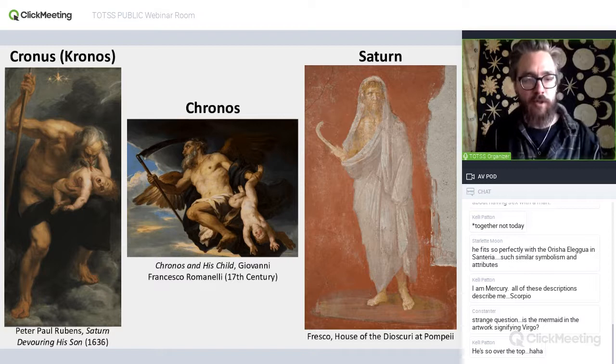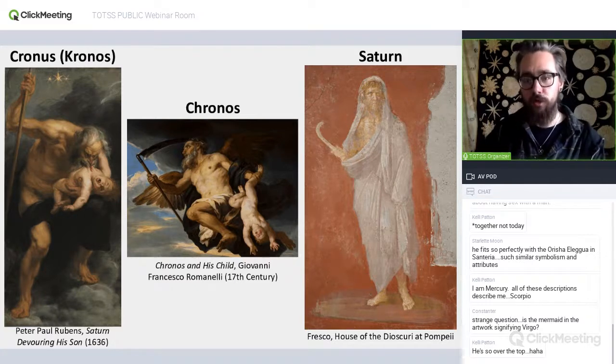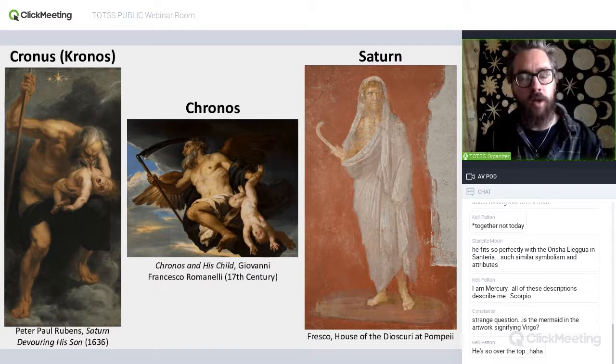So there we see Rubens' depiction of Saturn devouring his son. As the Greek god Cronus produced children, he was jealous and paranoid that they would overthrow him, and he swallowed them until eventually, Zeus isn't swallowed, and eventually does overthrow him and frees the gods that Cronus has swallowed.